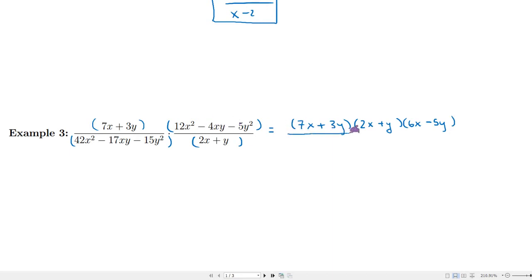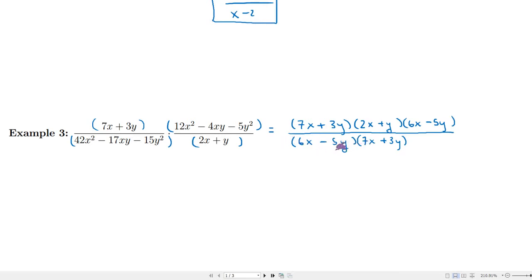So that looks good. And so this one we'll leave alone, but then by trial and error, for this one, similarly, thinking of the factors of 42 and 15, we get 6x and 7x, minus 5y and plus 3y. And does that look good? So that'll be 42x squared, and then we'll have 18xy and then minus 35.